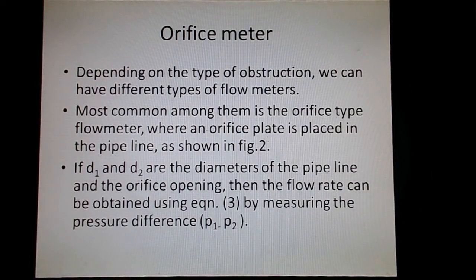The simplest one is the orifice type. This we are explaining in figure 2. The equation by which the differential pressure is related with the quantity of flow is given in equation 3.